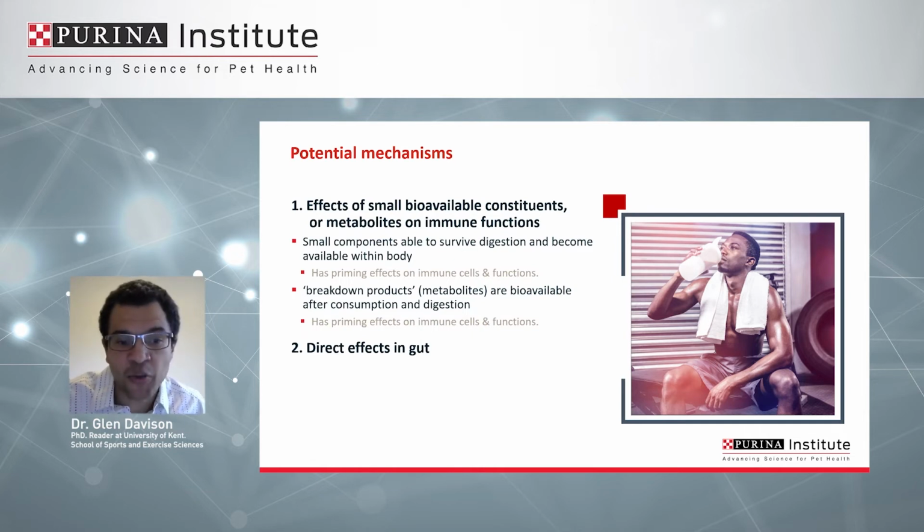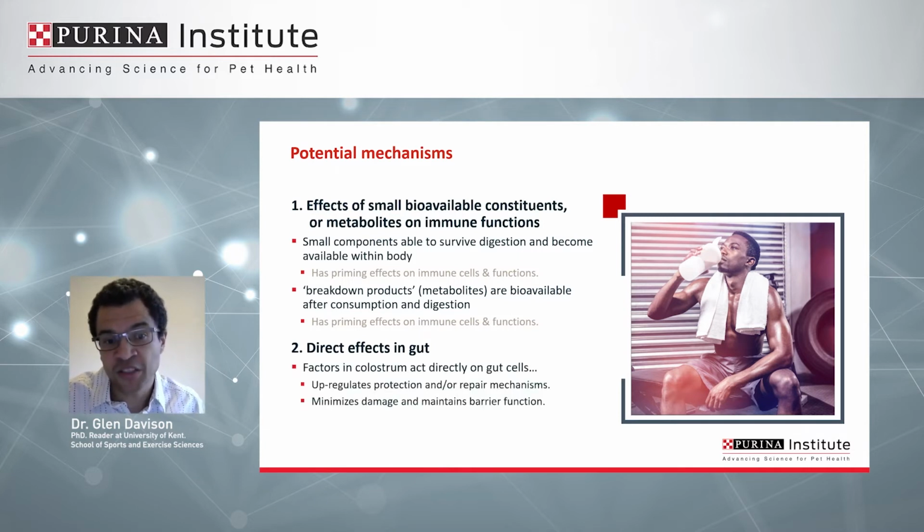Another potential pathway is via direct effects of some of these substances, and potentially some of the larger growth factors and so on, actually having a direct effect in the gut by interacting with the cells of the gut lining.